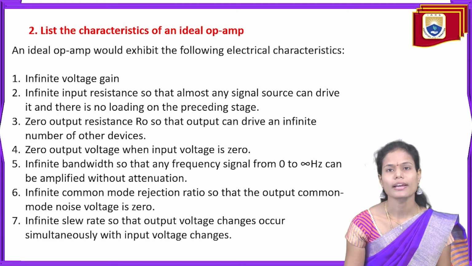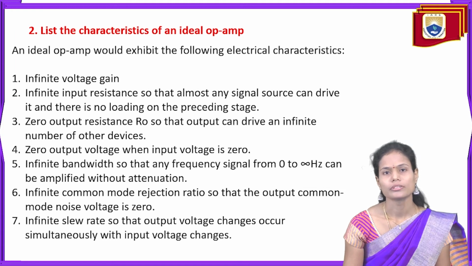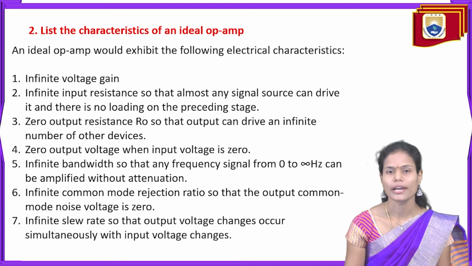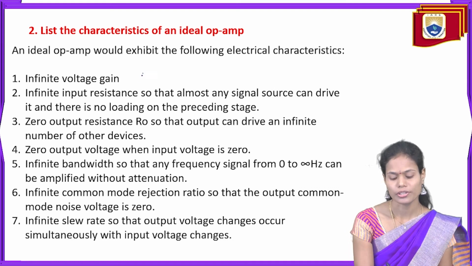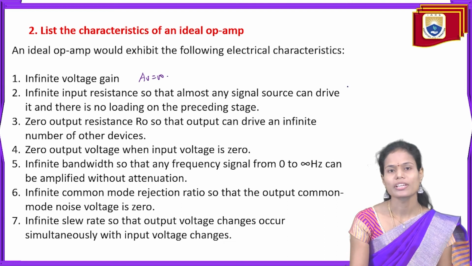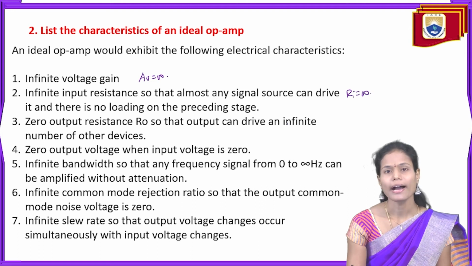And next, list the characteristics of an ideal operational amplifier. So these are the different characteristics of the ideal operational amplifier. So generally it will provide the infinite voltage gain, that is voltage gain equal to infinity, and it will provide the infinite input resistance, that is input resistance is infinity, if there is no loading on the preceding stage.